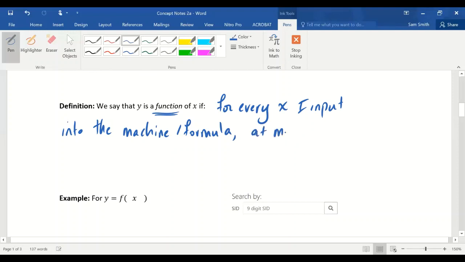At most one record, one number, at most one y is returned, yielded by this machine, by this formula, by this rule.